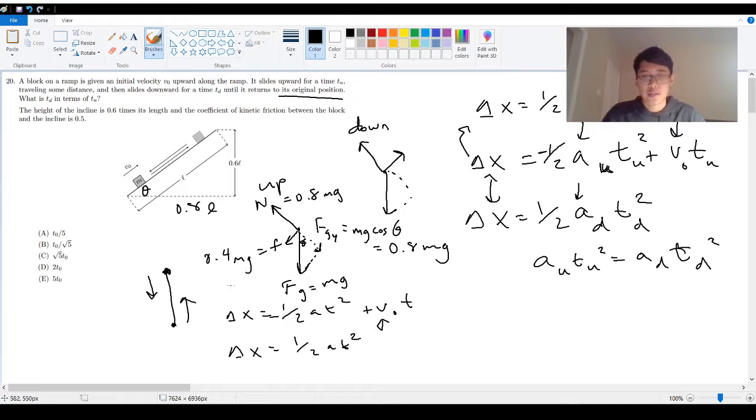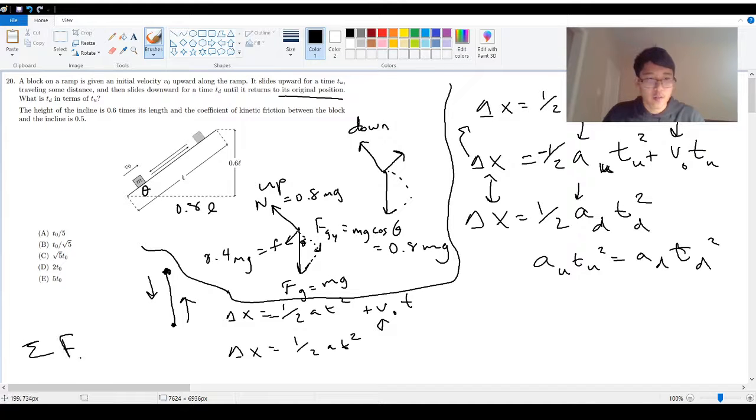So let me just enclose this guy off. Let's look at the net force in the x direction for this force diagram.